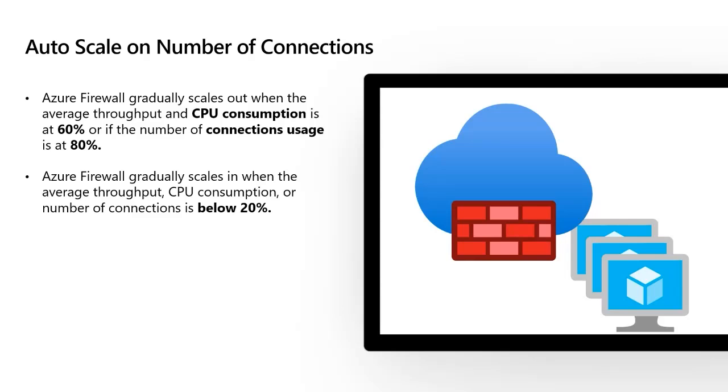And the update here is that for the scaling in process, both for throughput, CPU, and connections, we start scaling in when usage is below 20%. So this is a new feature. Again, it's not something that's available in the portal, or something that you can change the settings of by yourself. This is just a new improvement that has been made on Azure Firewall for throughput, CPU, and number of connections.